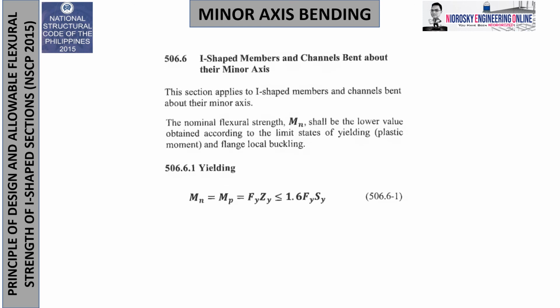So, 506.6. The nominal moment shall be the lower value obtained according to the limit states of yielding and flange local buckling. First, for yielding, Mn is equal to Mp, Fy Zy less than or equal to 1.6 Fy Sy.